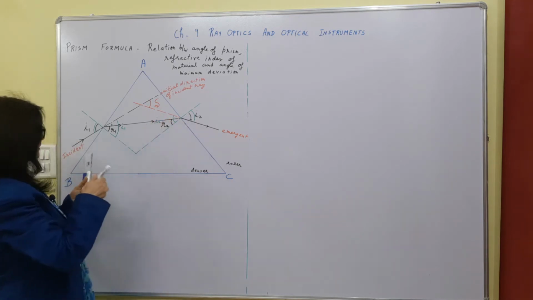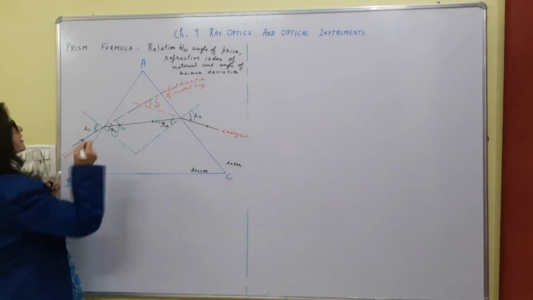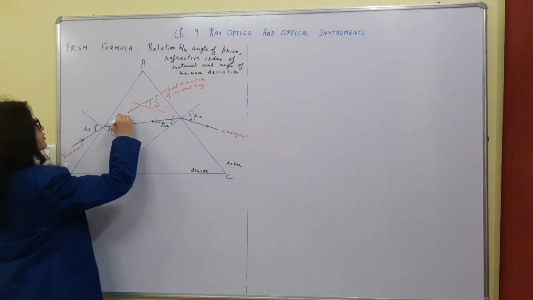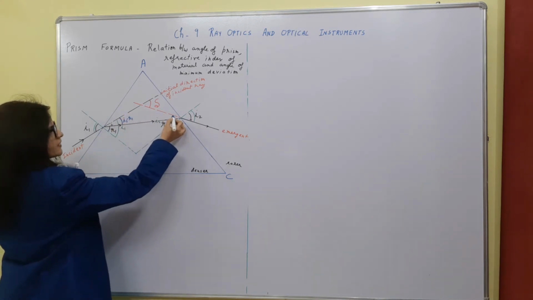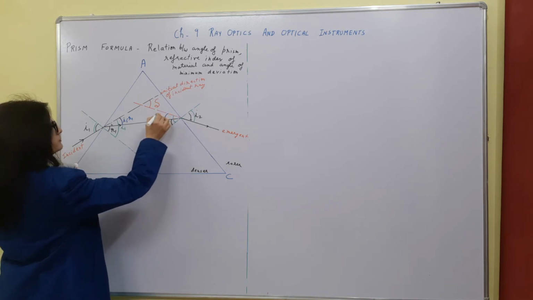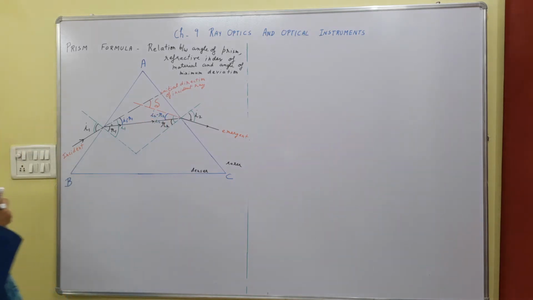So what will be the remaining part? This complete is I1, this is R1. So this angle will be I1 minus R1. Similarly, this is complete I2, this is R2. So what will be this angle? I2 minus R2, right?